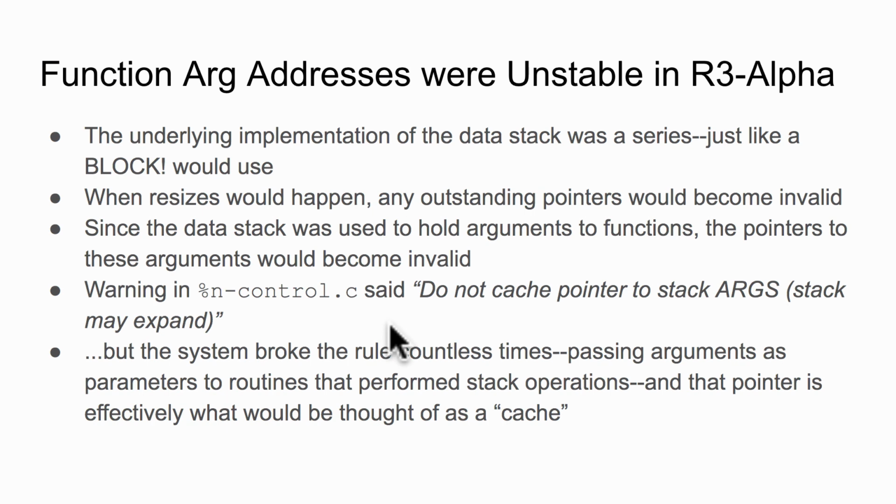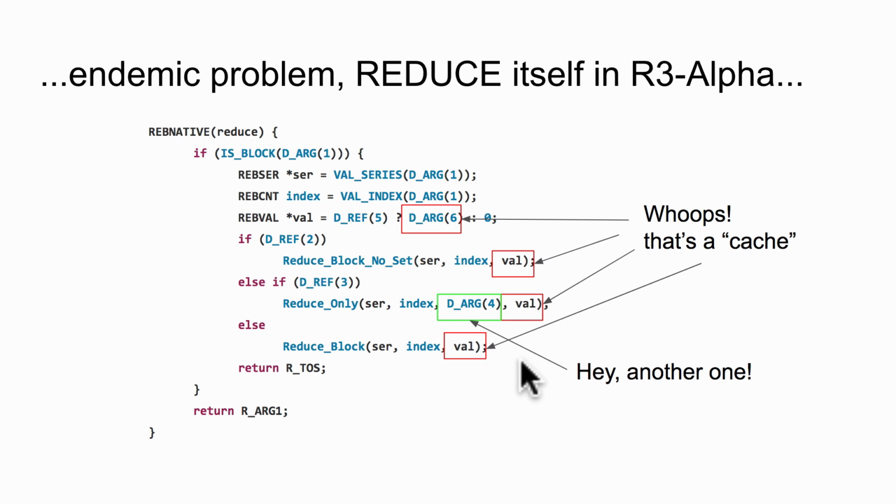Even in pretty basic code like here, reduce, back when arguments were referred to by numbers. We now have a little set of macros that gets injected at the top of the function, so we get them by name inside the natives.